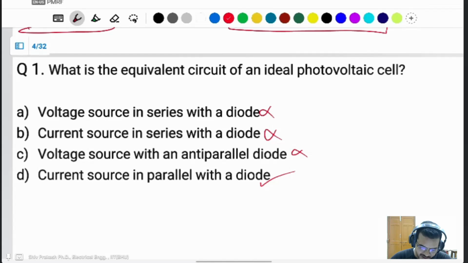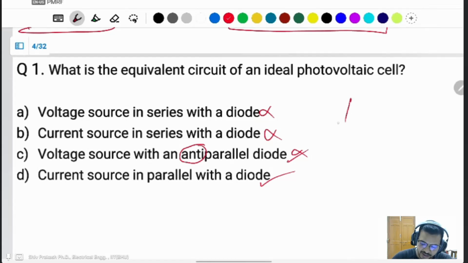What happens if it is given like a voltage source in parallel with a diode? Do you understand this one? If there is no anti-parallel, only a parallel diode, can we connect any diode across a voltage source like that?